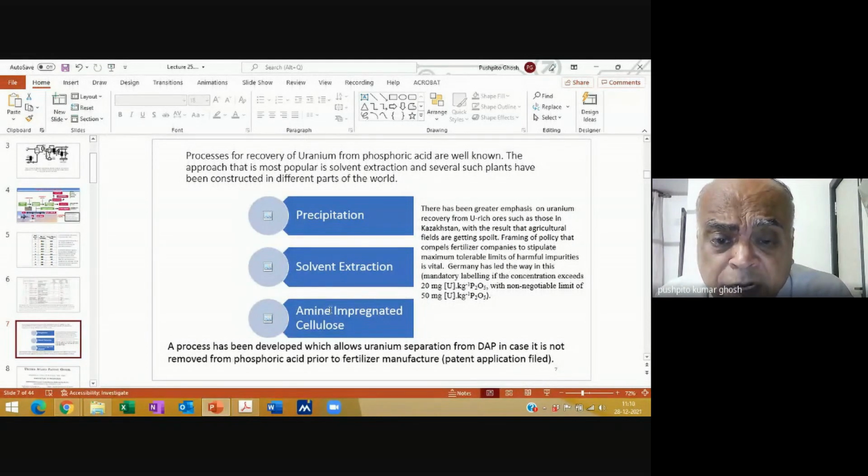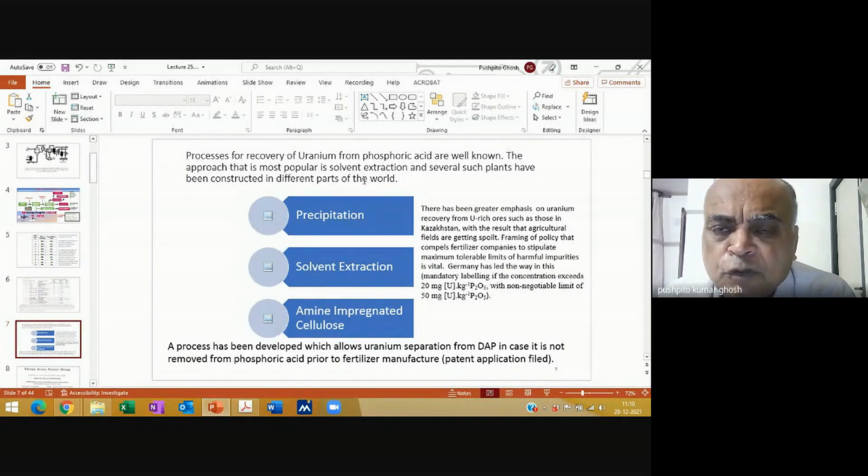And another is that you can take a resin. It's an amine impregnated resin which is very selective for binding of uranium. So you can do an ion exchange and remove the uranium. So the methods exist.